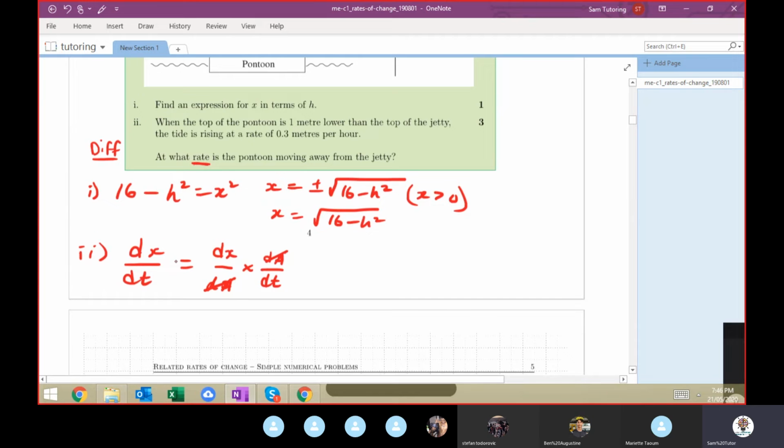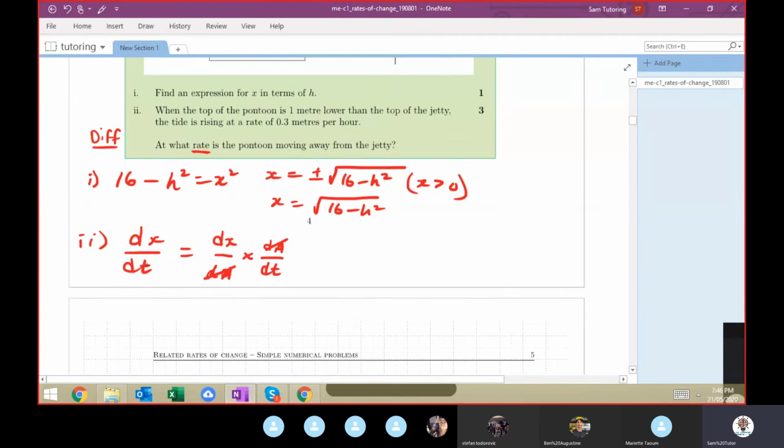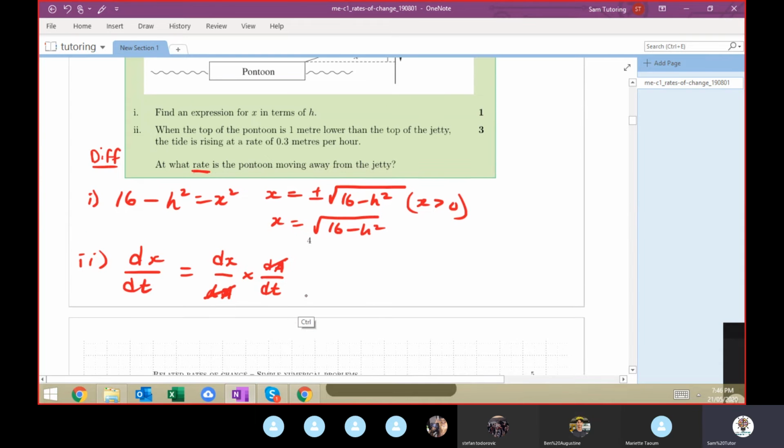So I'm allowed to break up dx on dt as dx on d something times d something on dt, as long as these two somethings are the same. Okay. Any questions about that?